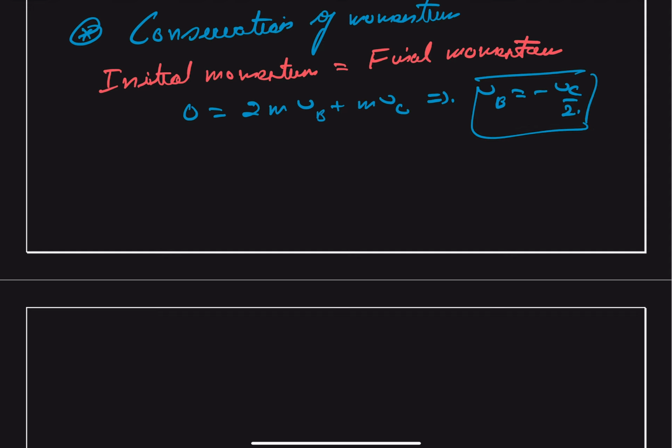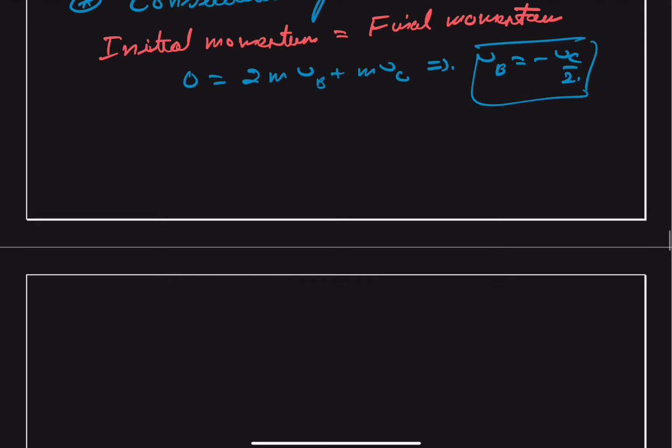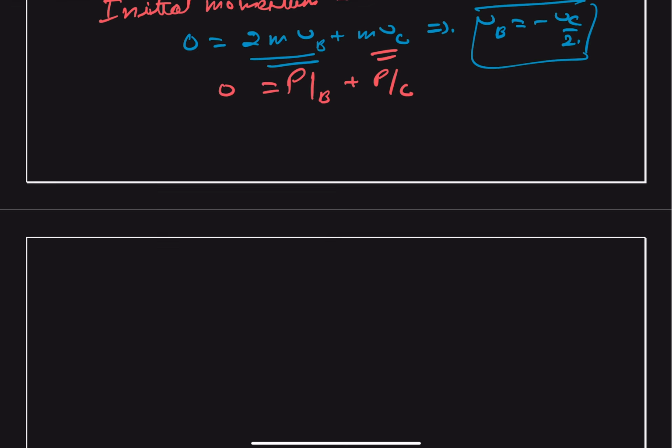This we simply calculated as the relationship between the two. In terms of momentum, the momentum of B is Pb and momentum of C is Pc, the sum is equal to 0, and magnitude-wise Pb is equal to Pc.